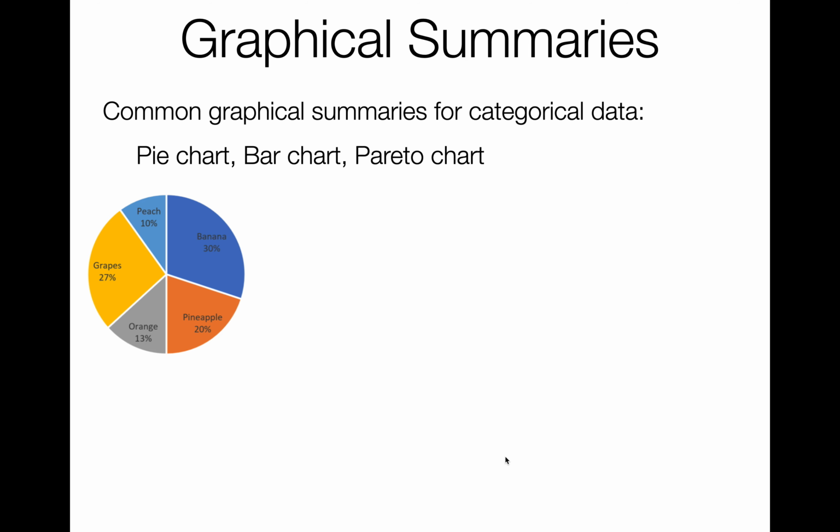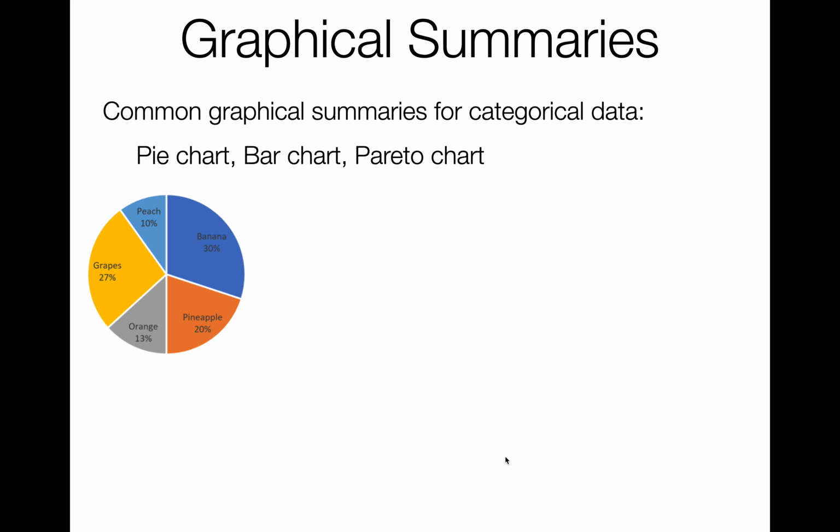Now, I will note that a lot of people believe that pie charts are not a very good representation or not a very good graphical summary. Even though they are very popular and you see them all the time, it's generally a no-no to make them because it's hard for humans to see or tell differences in angles.